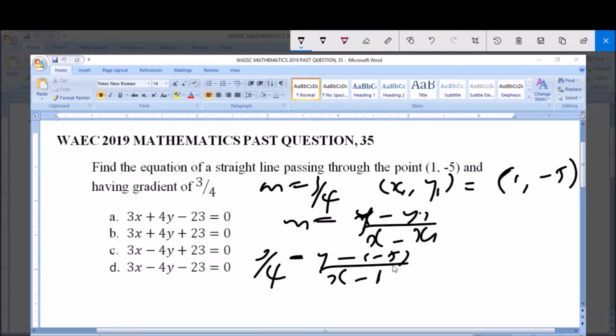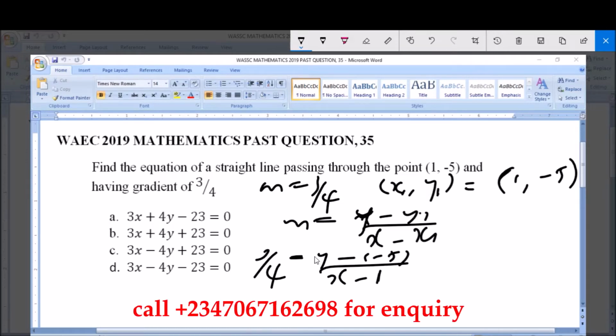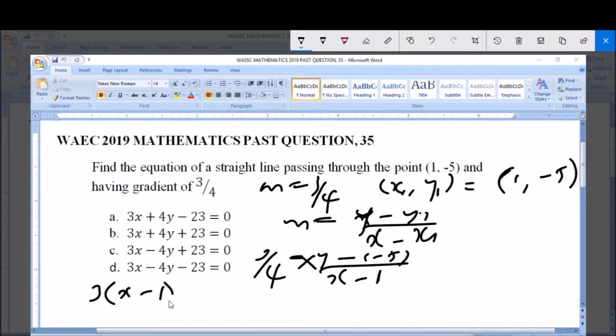Once you solve further, you cross multiply, and by cross multiplying we have 3 into x minus 1 equals 4 into y plus 5.